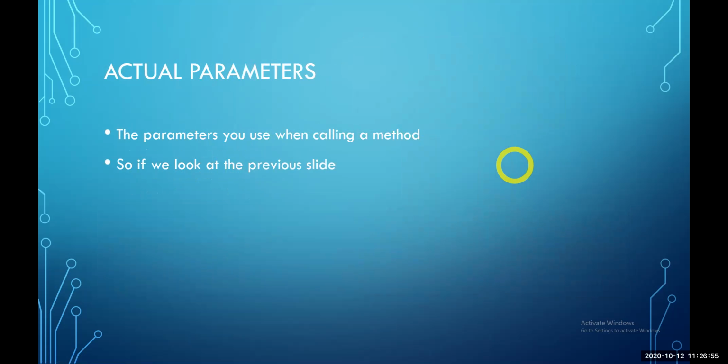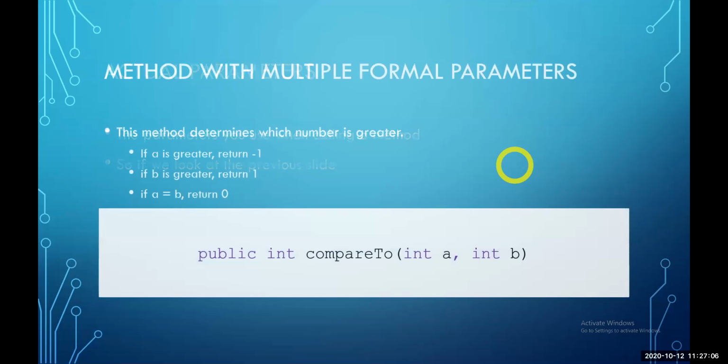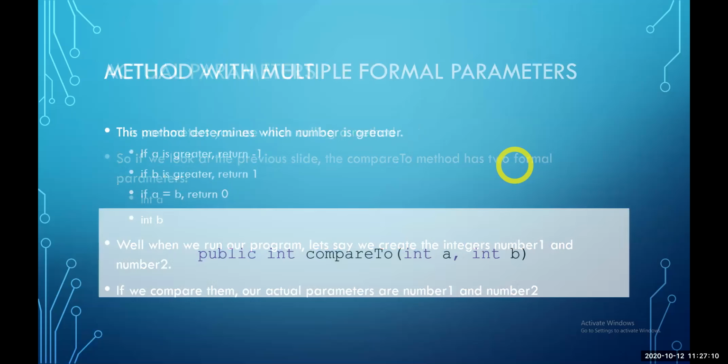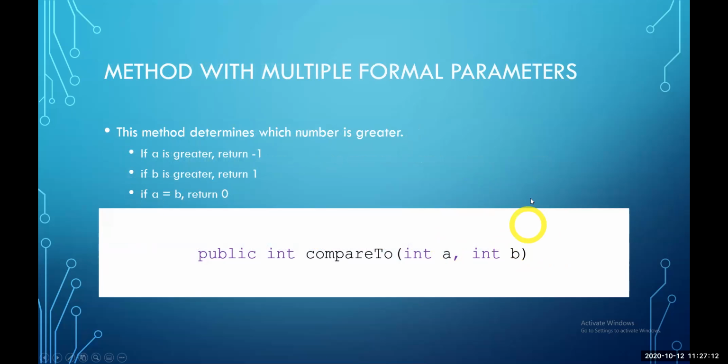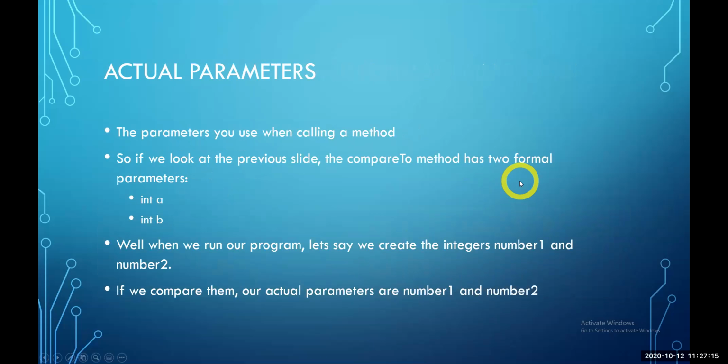All right, so actual parameters. Actual parameters are the actual data or variables that you use when you call a method. So if we look at the previous slide right here, we have our formal parameters, A and B. Well, let's say when we run our program, we create the integers number1 and number2, right?